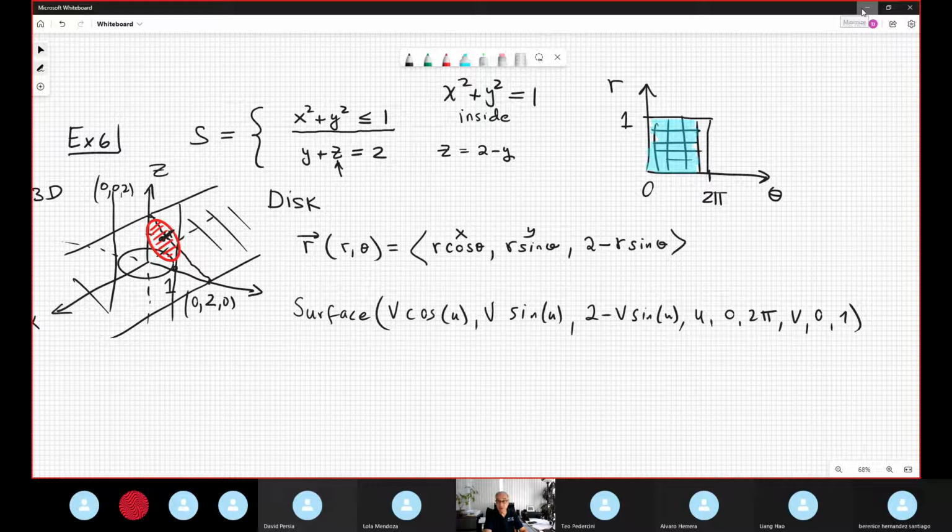So I want you to remember. Let me see where this surface is right now. Okay, let me try. Okay, here you go. Parametric surface.